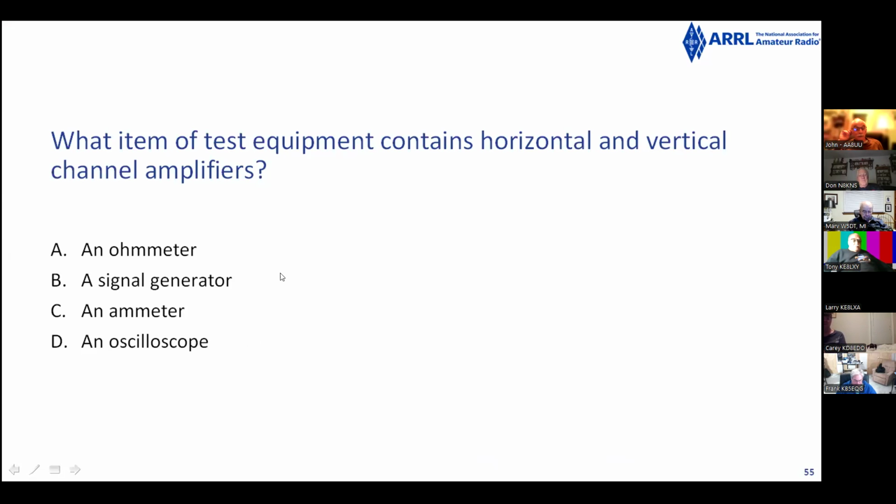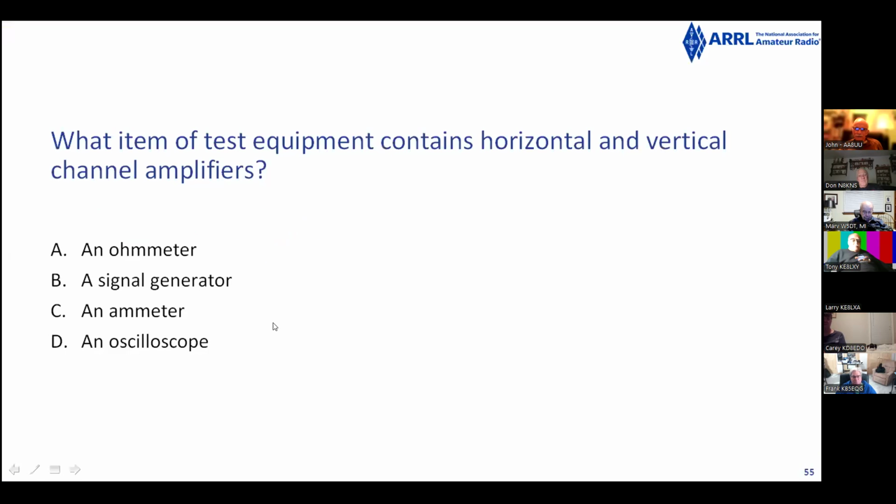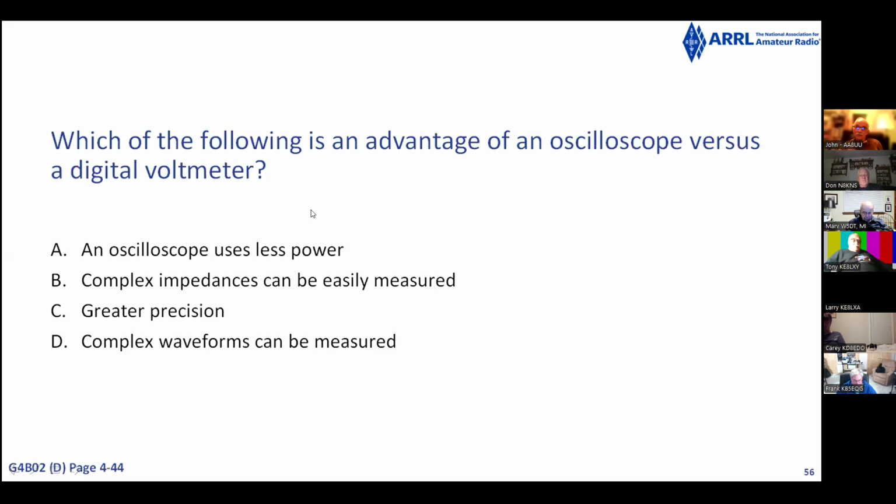Although I can blow up a meter pretty good too, if you have it in current mode when you're measuring voltage. Oh well, I guess we're not going to get an answer here, but the answer is an oscilloscope, D. Horizontal and vertical channel amplifiers. I guess you guys haven't used them much.